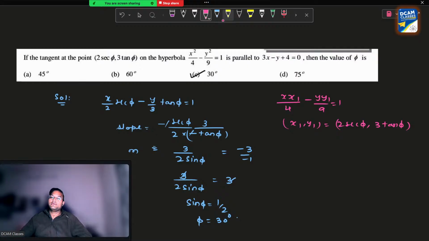Then you'll get the same equation. Using that, you can find out the slope.